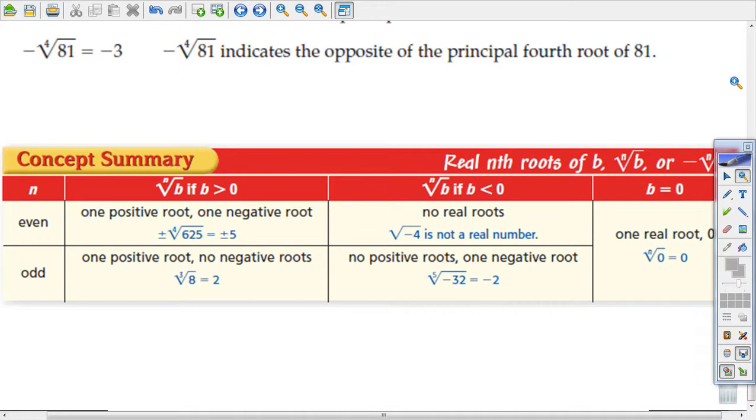There's a difference. You have to look for the index and see if it's even or odd. Now, there are different rules that apply based on whether the index is even or odd. So if the index is even, that's where you have to be careful, because if the radicand is negative, then you don't have a real root. Remember, because you can't take the square root of negative 25. But if it's odd, you're okay.